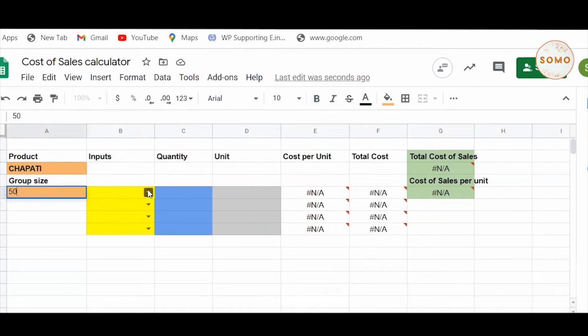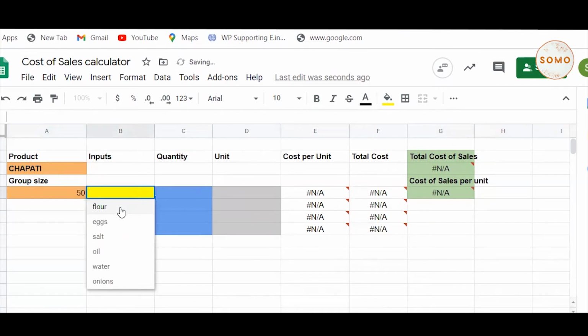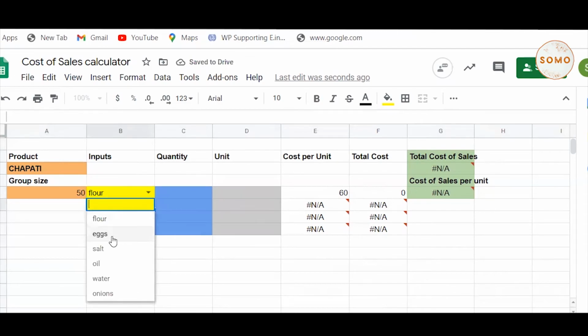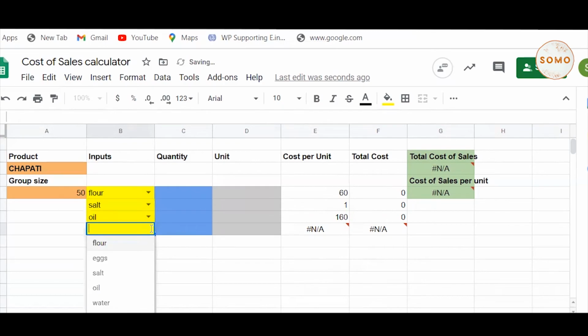For us to make chapati, our inputs are: first, we have flour. Second, we have salt. Third, we have oil. And lastly, we have water.